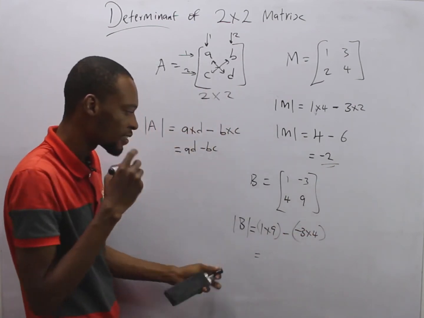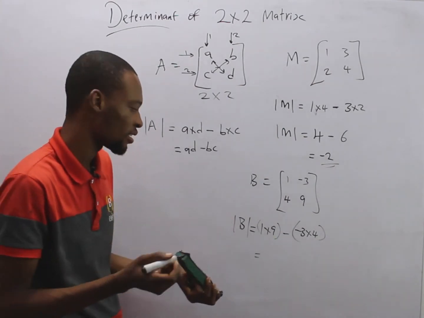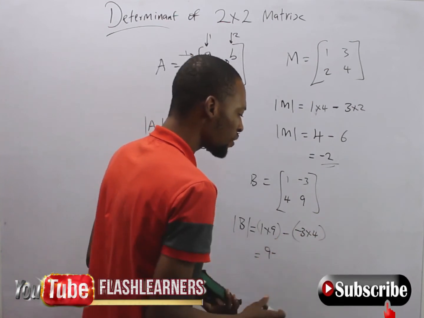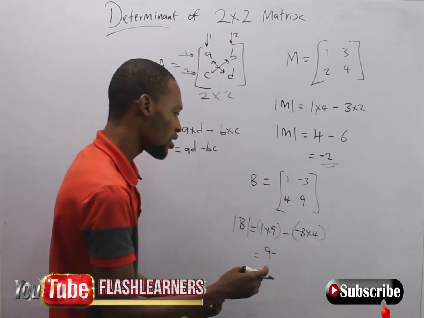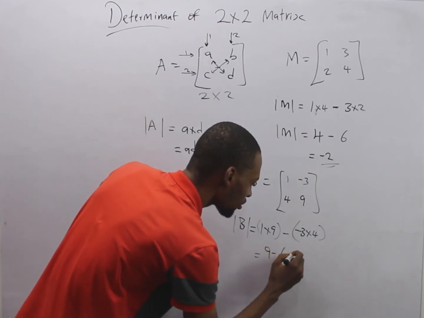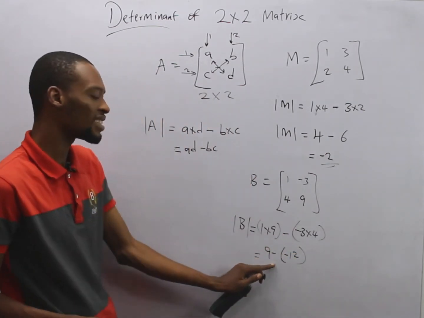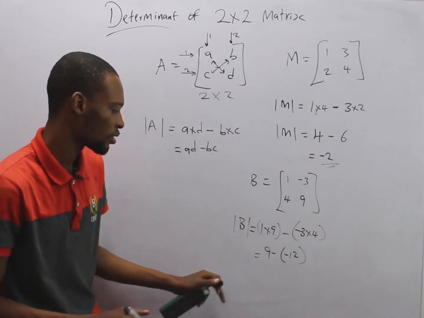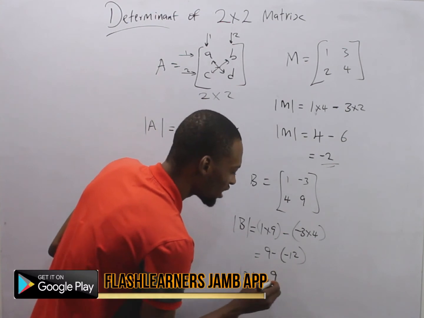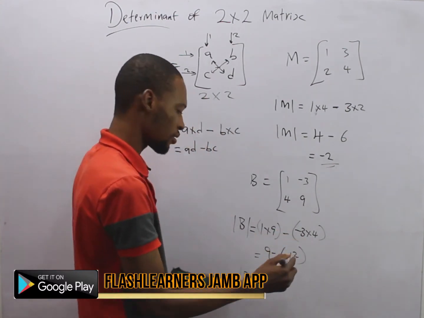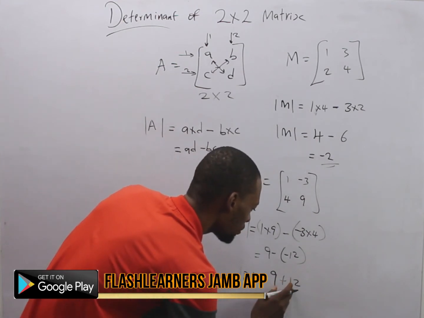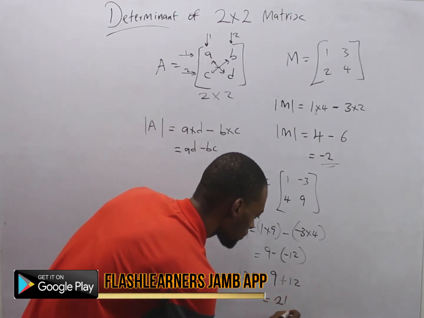This is simply 1 times 9 is 9, minus 3 times 4 is minus 12. And recall, we already have a minus here, so you say minus minus 12. So you should take note of this sign issue. Now we are left with 9. Minus times minus is plus, so this is plus 12. So this is simply 9 plus 12, which is 21.